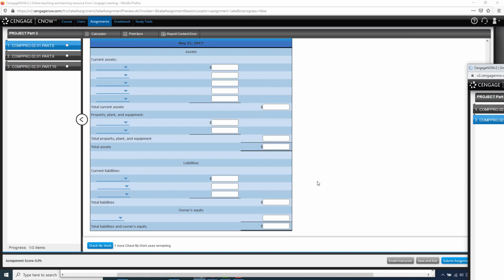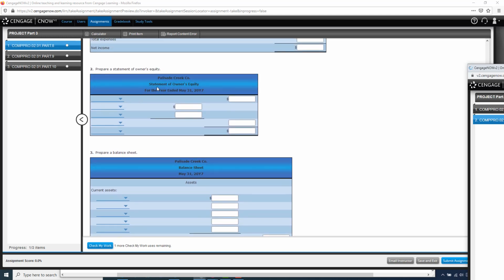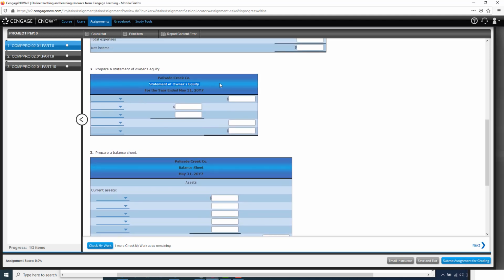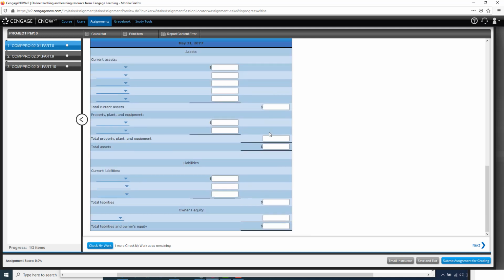All right. Then you get to owner's equity. All right, owner's equity, that's the capital account. What's the latest balance of the capital account? Well, we did statement of owner's equity. We have beginning balance and ending balance. There you go. That's the balance for owner's equity right there.